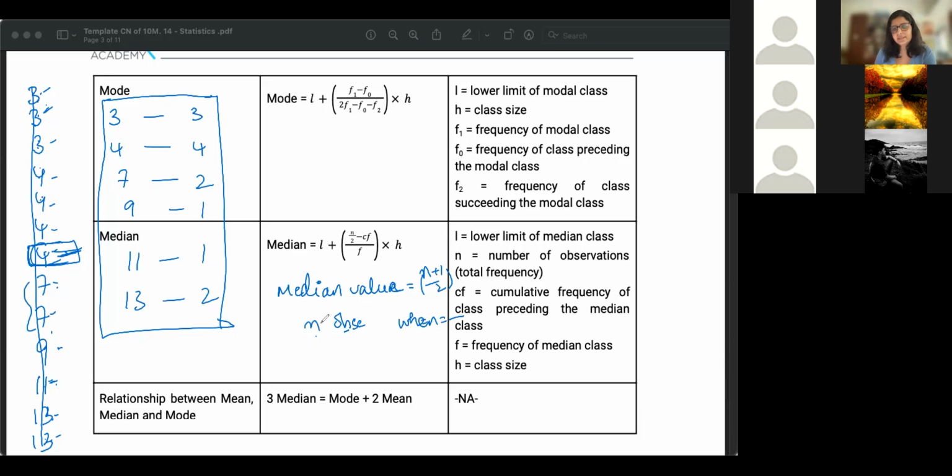So in that, n is the total number of observations. So here also you have to apply the same thing. Like sure, your observations are 3, 4, 7, 9, 11, 13, but each one is being repeated multiple number of times. So in this set, what is the value of n you're getting?